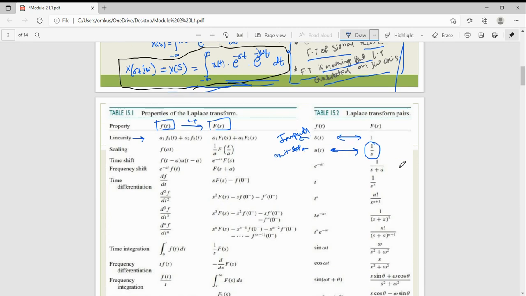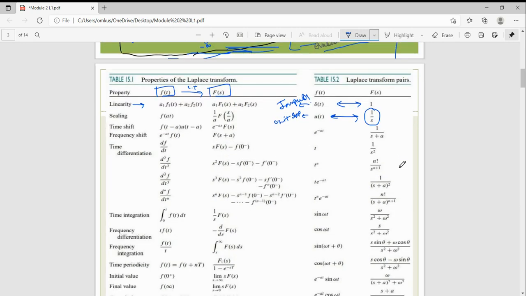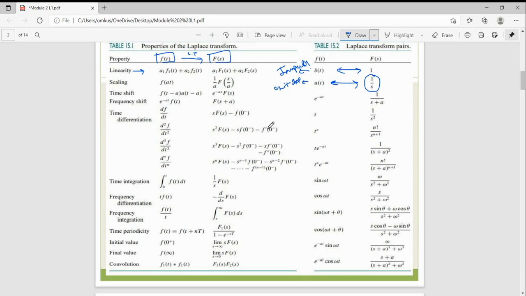There are some standard functions which we use very much in network theory, and the derivation of all these functions you will find in your math or in your signals and systems. So I have directly written them here, and you must know these functions. These are standard functions in our network theory. You need not derive these equations, right? We are directly using them. First, for example, the unit step function and the impulse function are given to you.